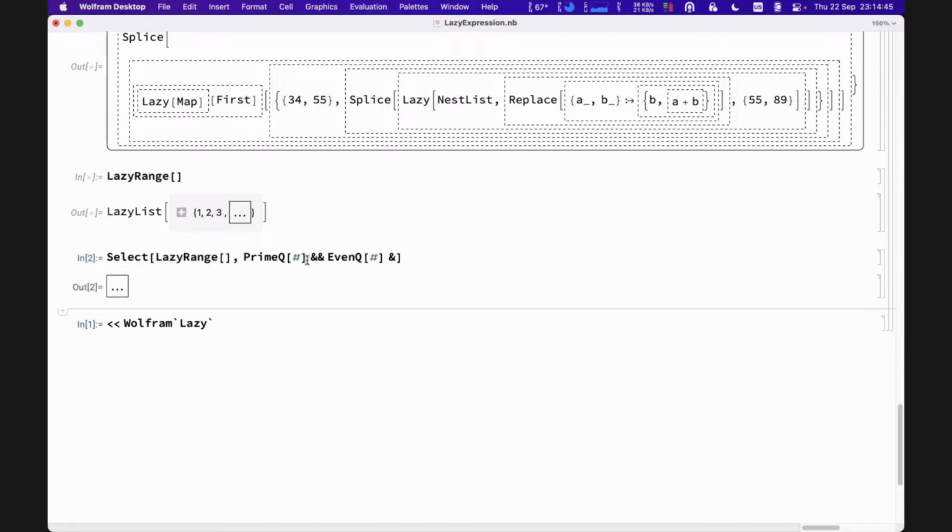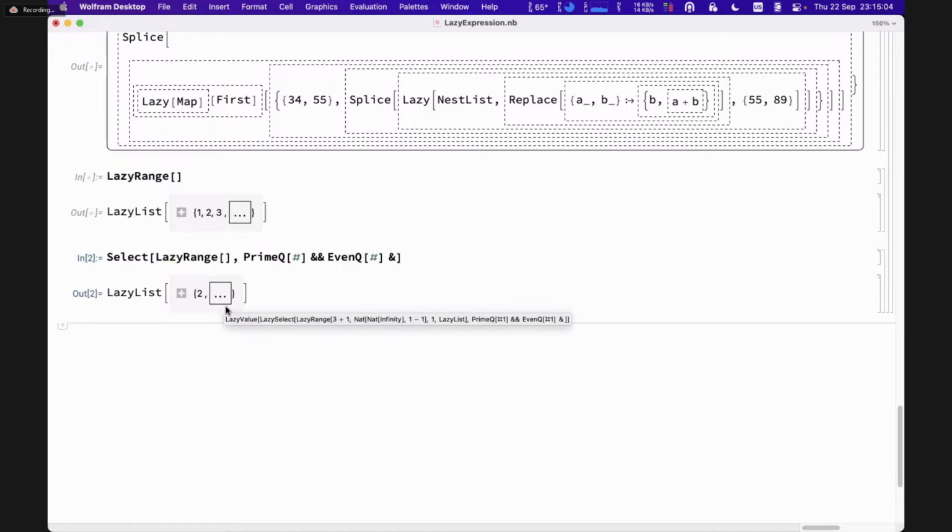It's not obvious that can work, because it doesn't need to prove a theorem, basically, to resolve that to 2. That's why it's stuck, because I pressed the infinite evaluation one.